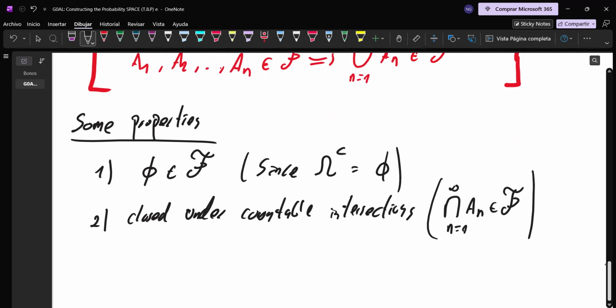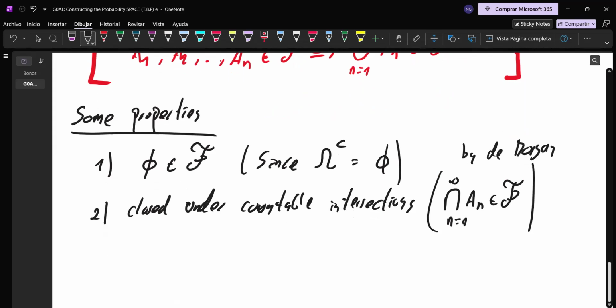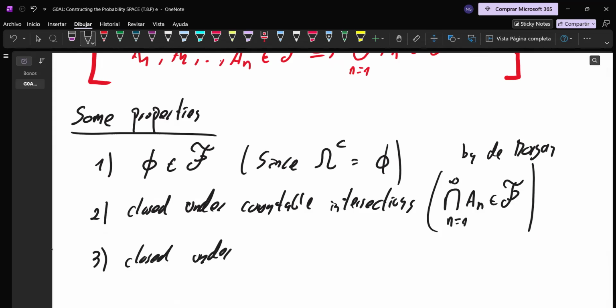This is De Morgan. The proof is via De Morgan, which is set theory. And three: it is closed under countable intersections and it is closed under set differences. And this is a very important thing.